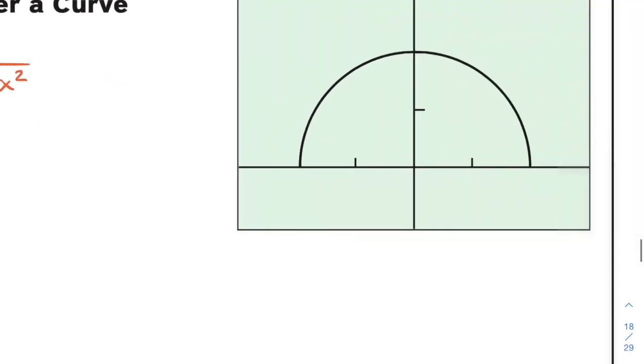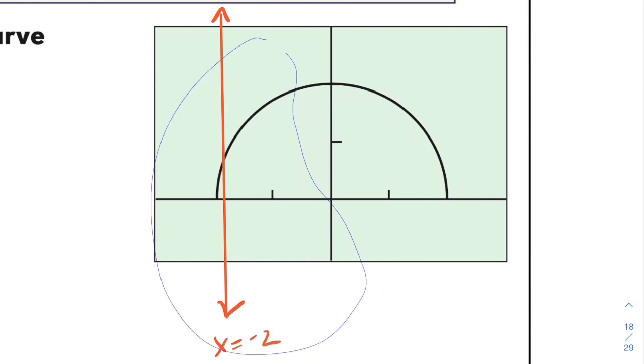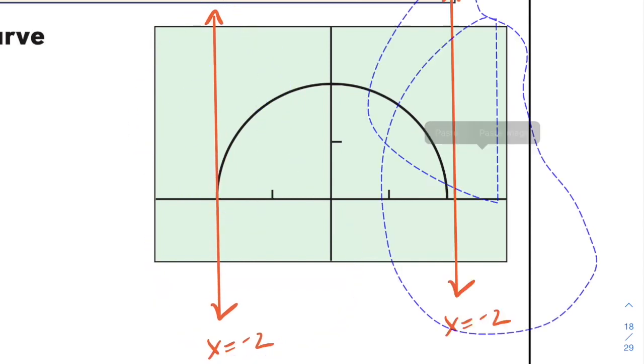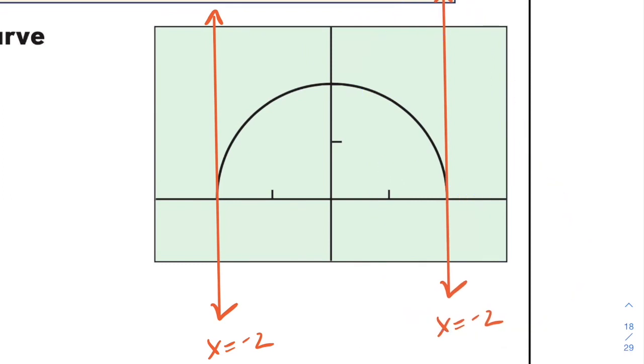So we have x equals -2, so think about that line. So here's x equals -2. And we have x equals 2. So you're saying, Mr. A, there's a lot that's not shaded here. I know. But once we put in all 4 of our items, you're going to see that it is, okay?